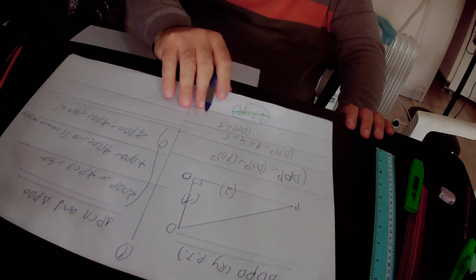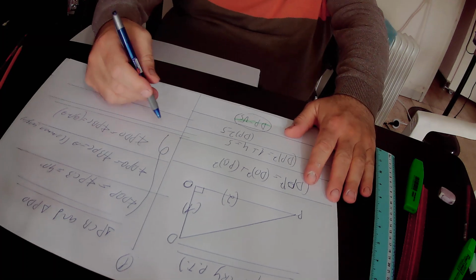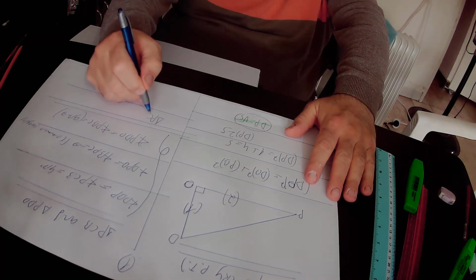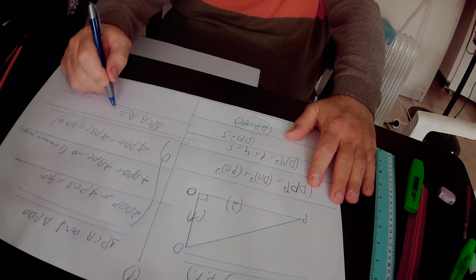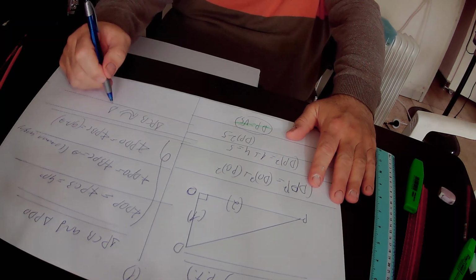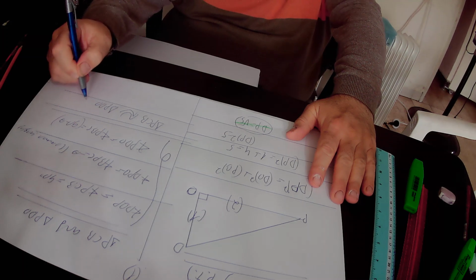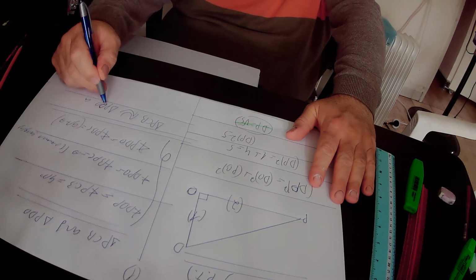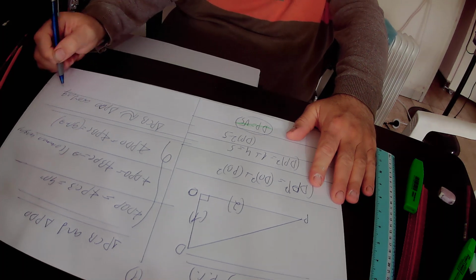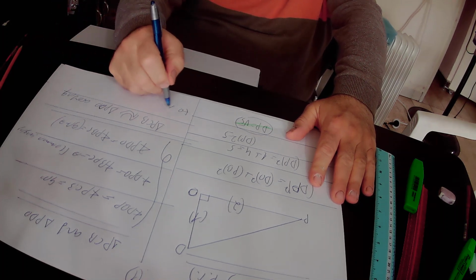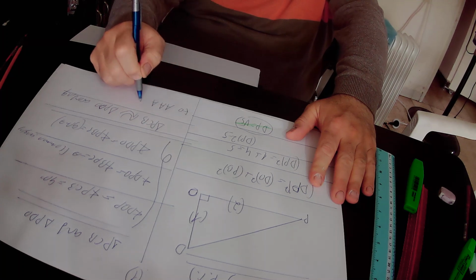So write it down. We found out that the big right triangle PCB is similar, this is the sign of similar, to the right triangle PDO according to the angle similarity rule.